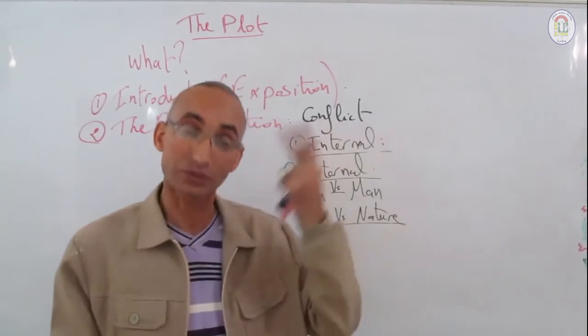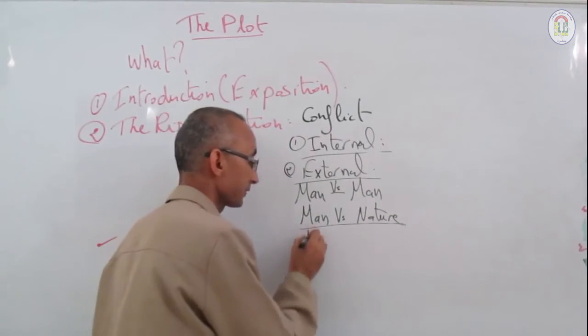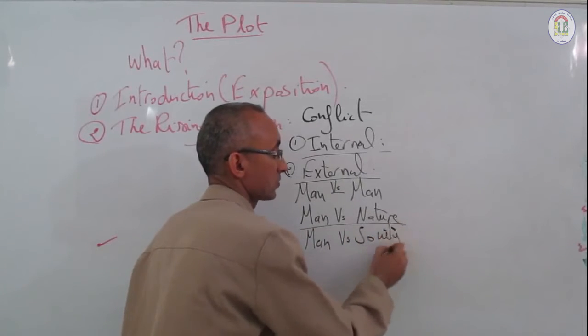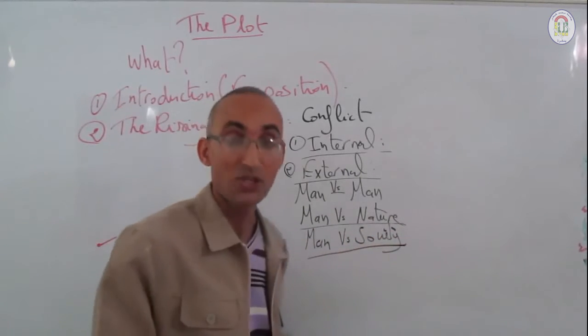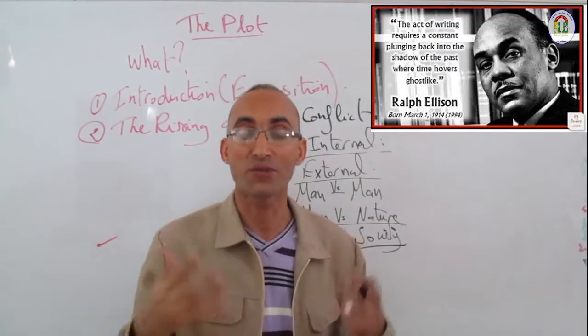Also, we have another type of external conflict, which is between man and his society. Here also we can mention Ralph Ellison's masterpiece, Invisible Man.